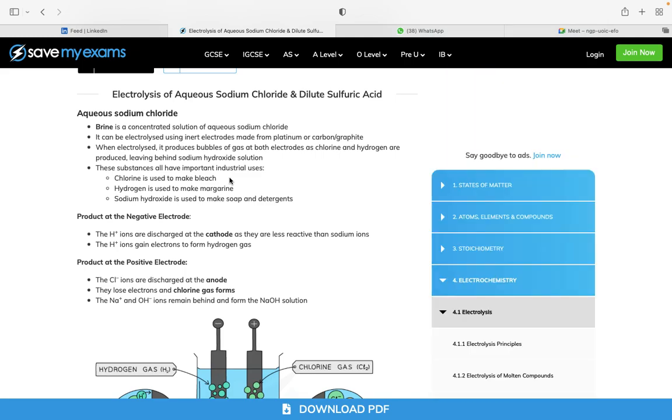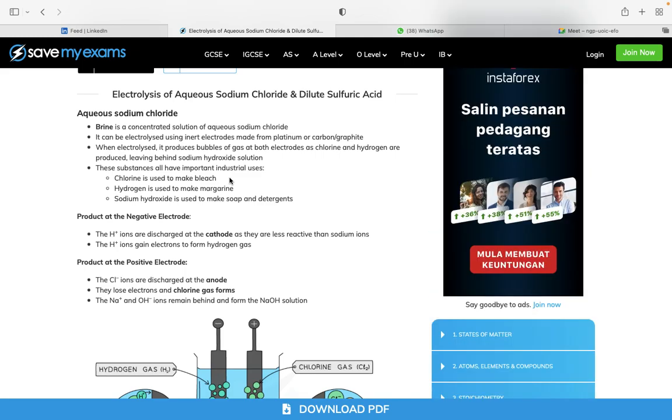Sodium ion and hydroxide ion, Na plus and OH minus. These two that remain will react together to form what? Sodium hydroxide, a solution, which is an alkali. So an alkali is produced.